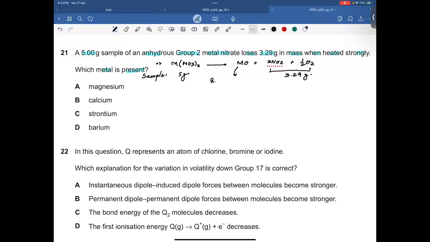So remaining mass must be 5 minus 3.29. You will get how much? 1.71 gram. Okay.